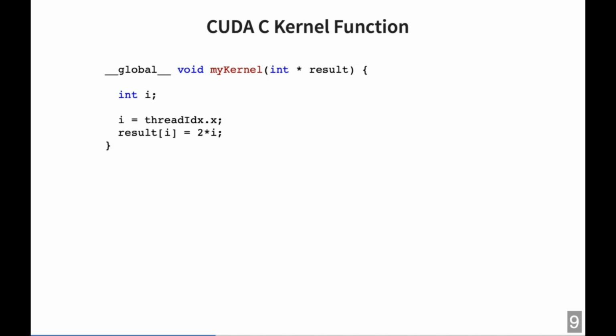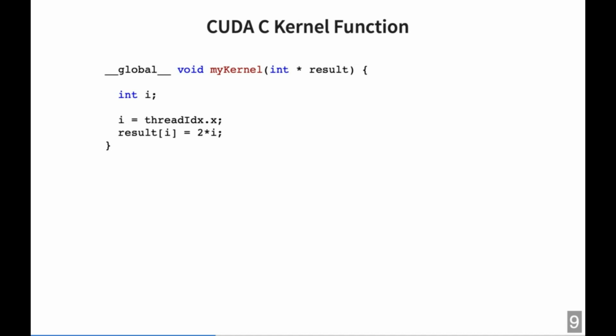And what one sees here is that I have my piece of code. My result for index i is just 2 times the index as before. But we'll see that the loop itself has disappeared, and we have replaced the loop index by this assignment i equals threadIdx.x.